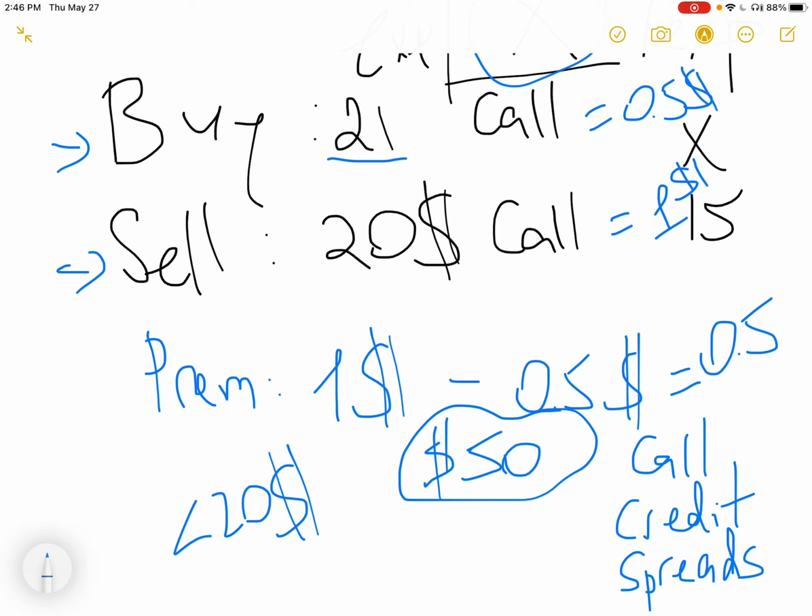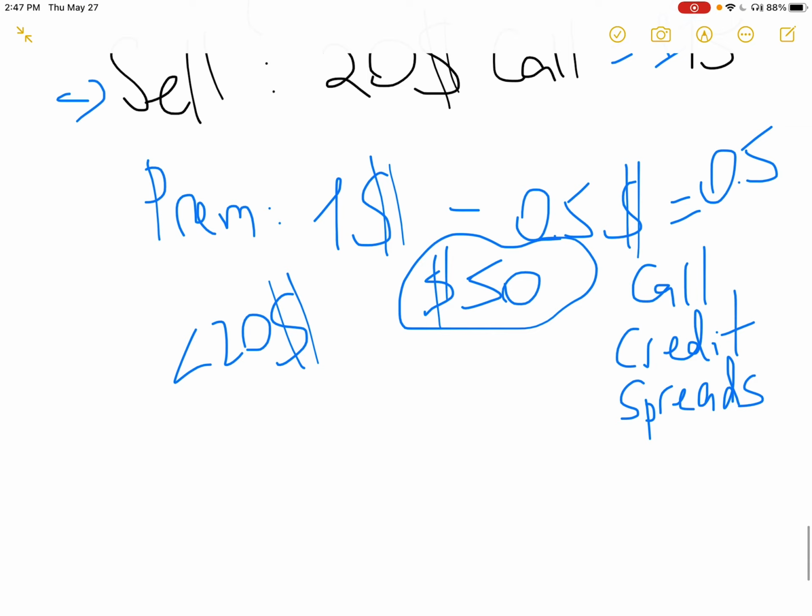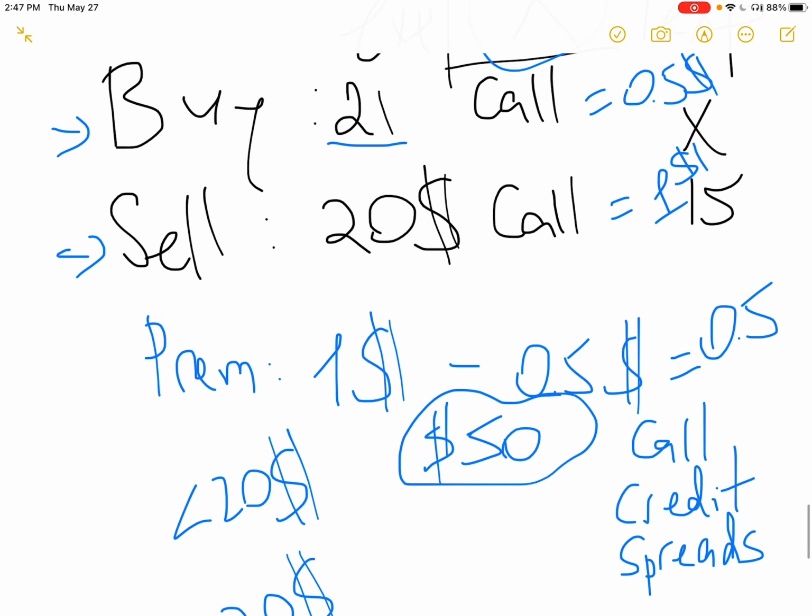And that's amazing. But let's say the company actually does fantastic, unlike you predicted, and then it goes above $20. At this point, at expiry, you're losing money. But one thing you did before was you also bought a $21 call option.